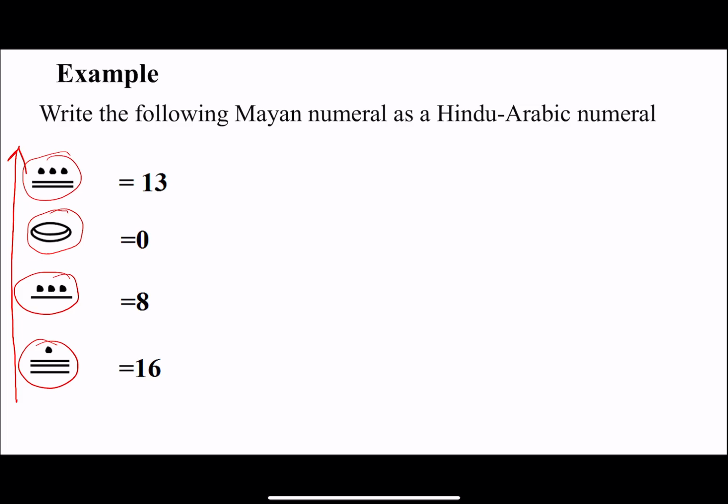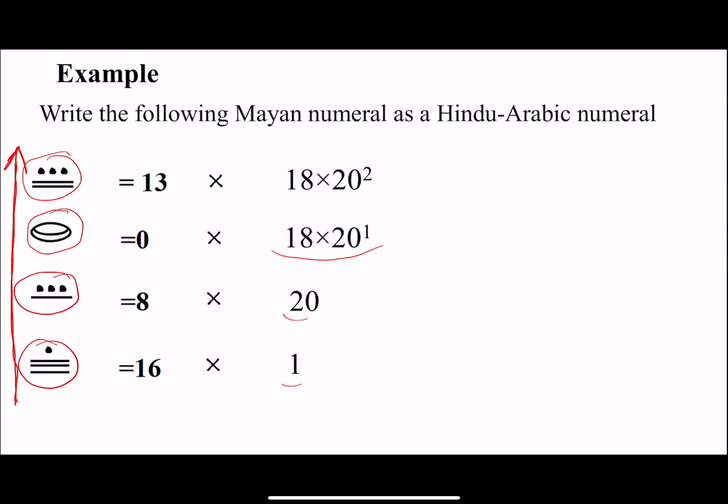Now, we write down the place value of each digit. Don't forget in Maya numeral, we move from the bottom to the top. So the place value of the first one is 1. Then we have 20. Then we have 18 times 20 because Mayan people had 360 days in a year.